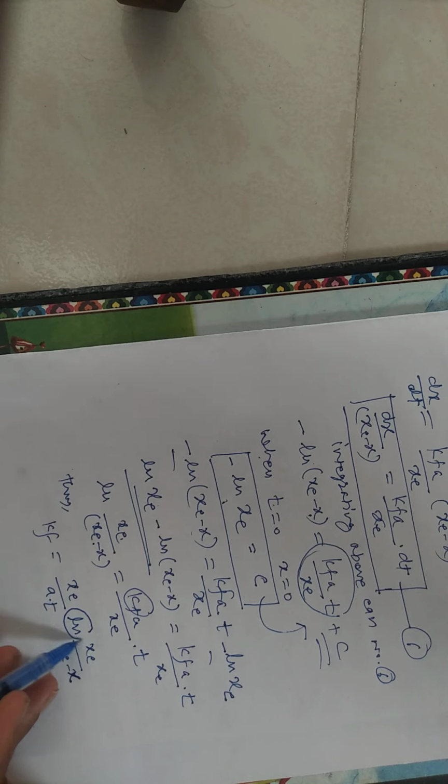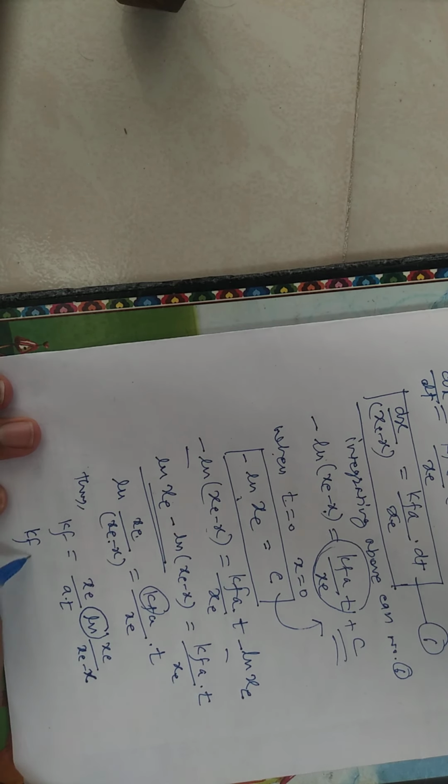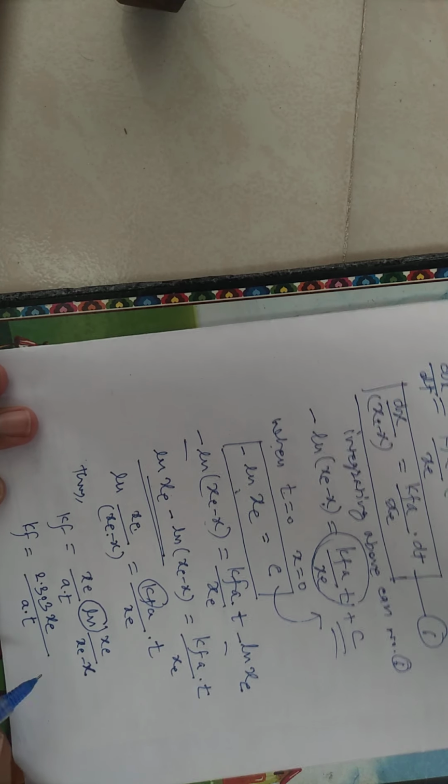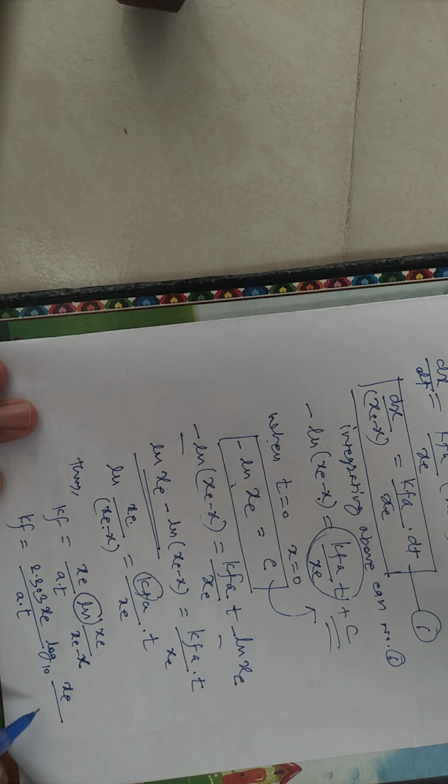Now you have to convert this ln into log. So at that time kf is equal to 2.303 xe by a into t, now log to the base 10 xe upon xe minus x.